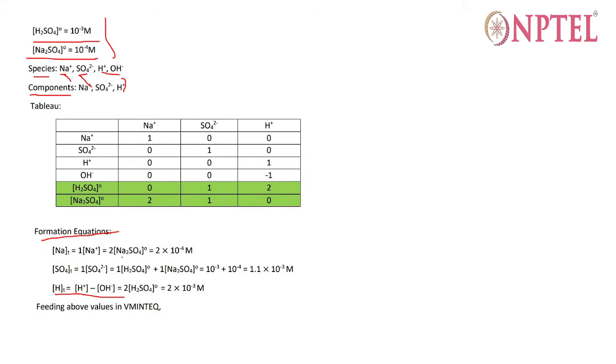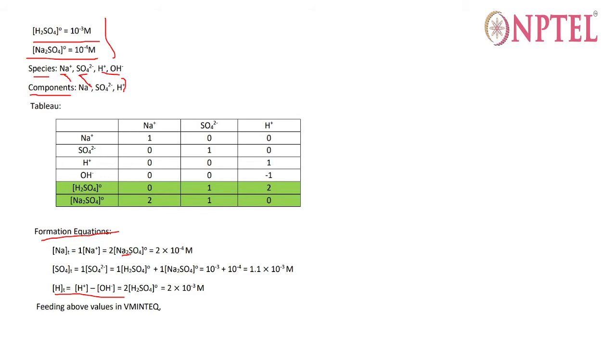How many moles of Na plus ions will we get from 1 mole of Na2SO4? Obviously 2.